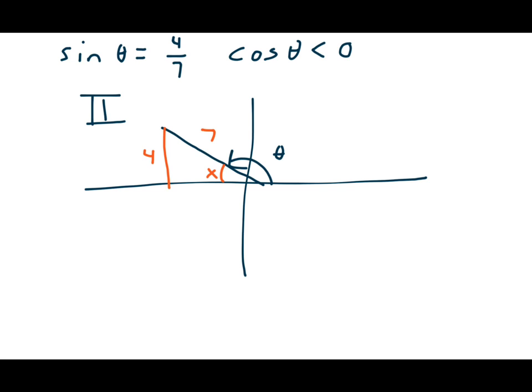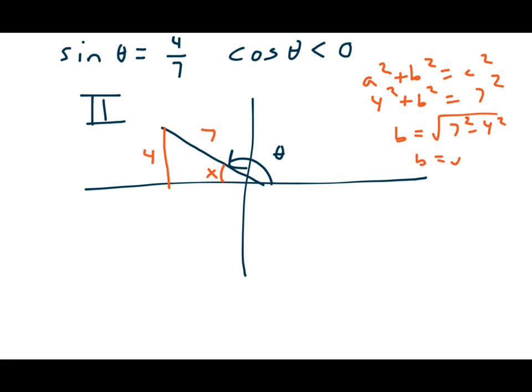So then if we use the Pythagorean theorem, a squared plus b squared equals c squared, that's going to be 4 squared plus b squared equals 7 squared, which means that b is the square root of 7 squared minus 4 squared, which is 49 minus 16, so b is the square root of 33.